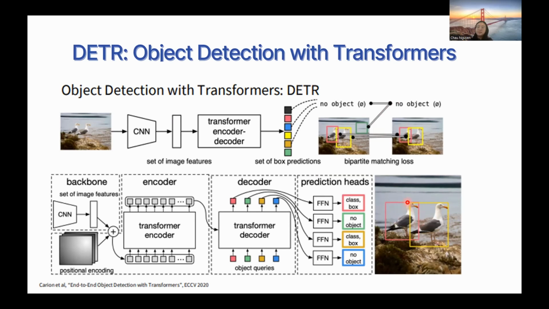Then we have bounding box losses, which is usually an L1 loss to learn to predict the accurate box coordinates, and then a generalized IOU loss to make sure that the predicted bounding box overlaps as much with the ground truth box as possible.